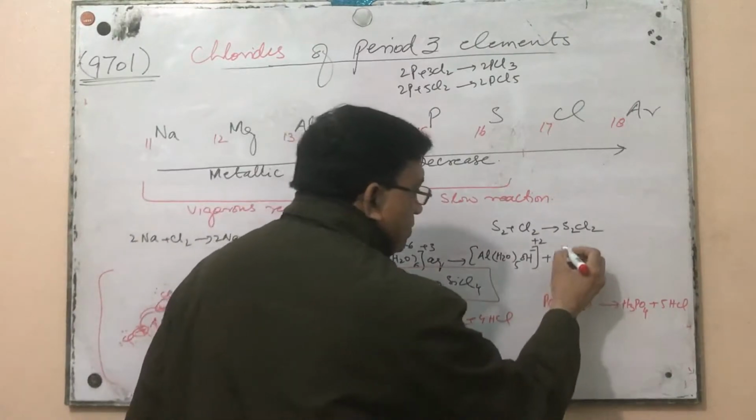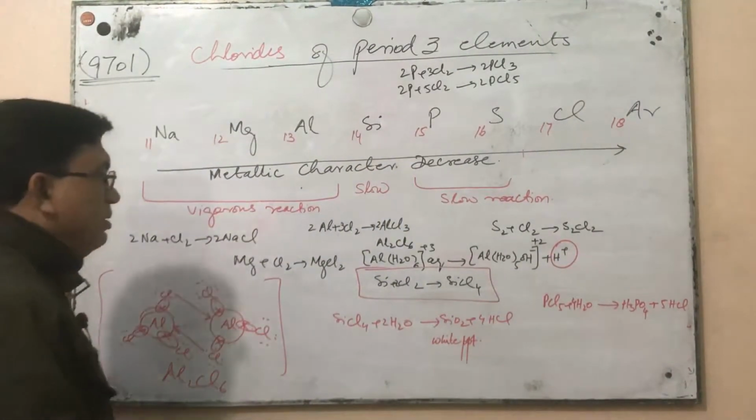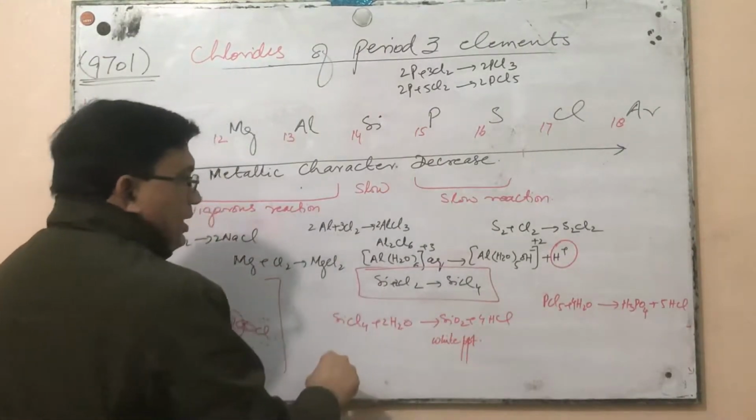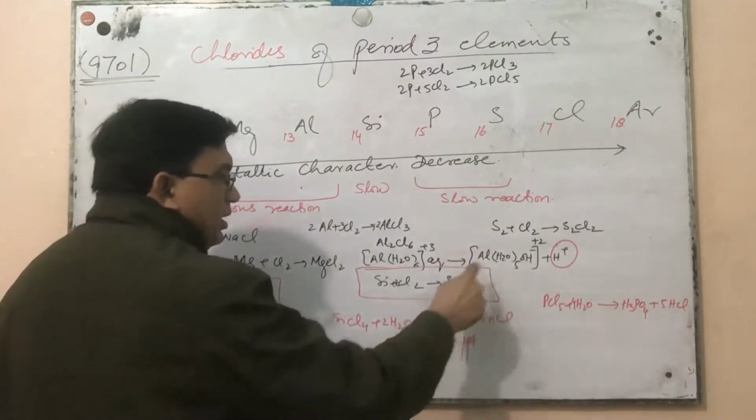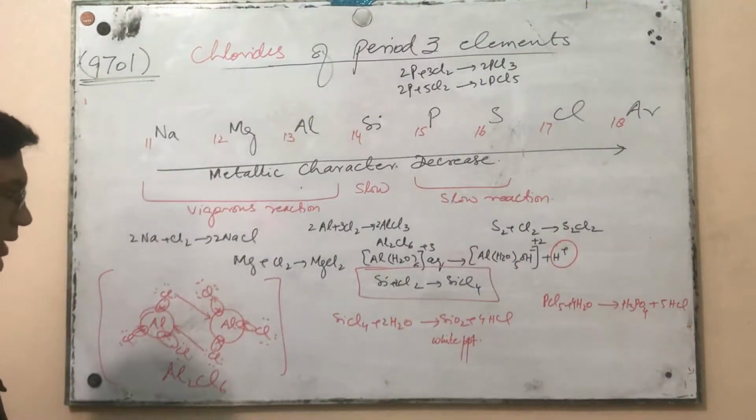Due to this H positive ion, the solution of aluminium chloride becomes acidic in nature.